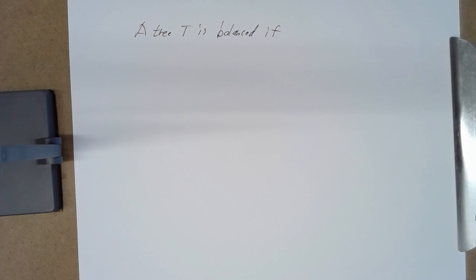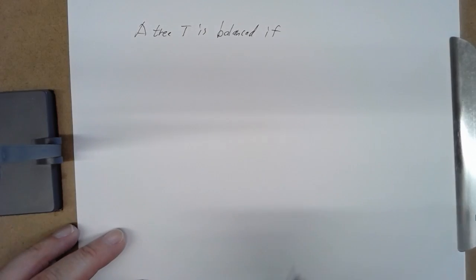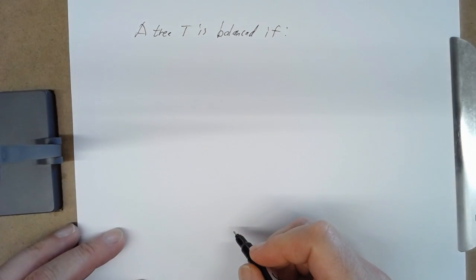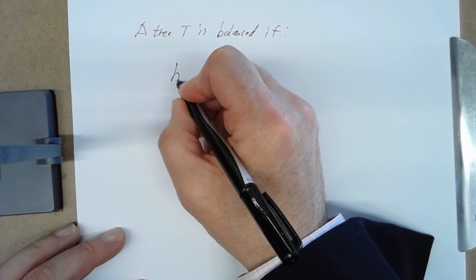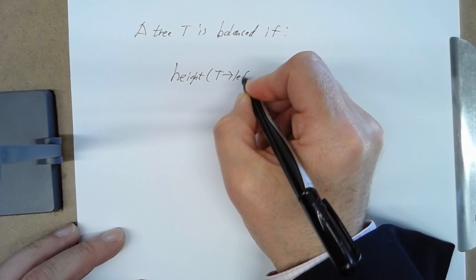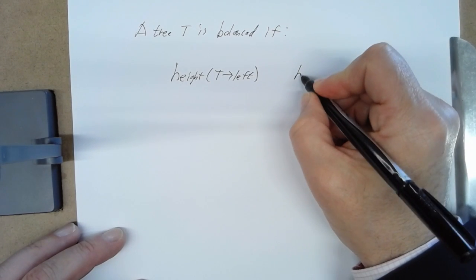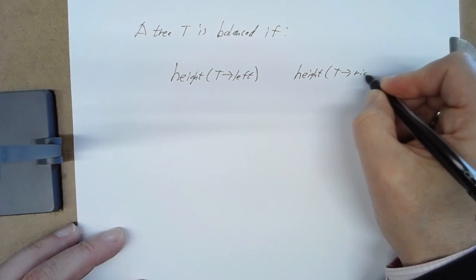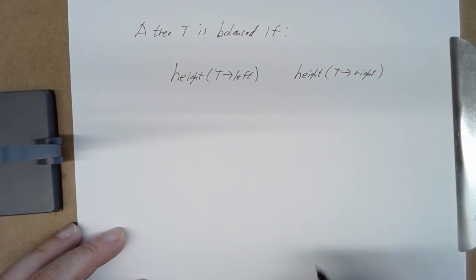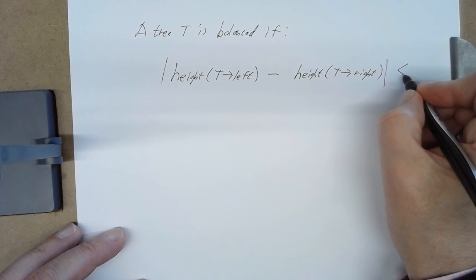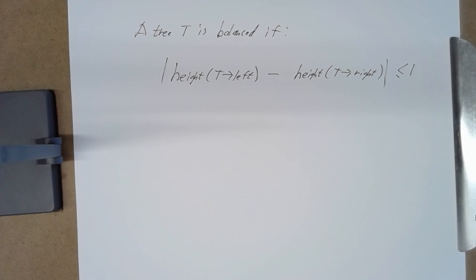So here's a formula to tell if a tree T is balanced. If we find the height of the left subtree and we find the height of the right subtree, and we look at their difference and we look at the absolute value of that, it's got to be less than or equal to 1.